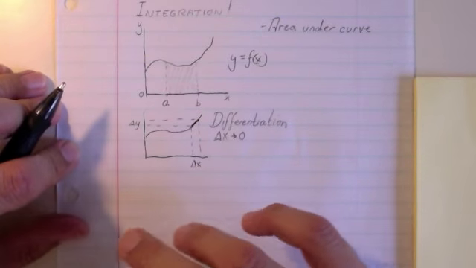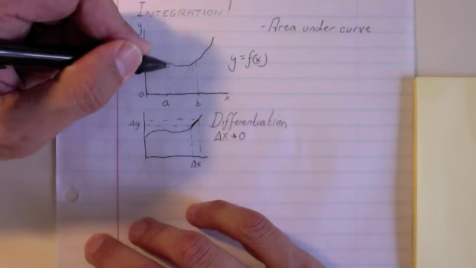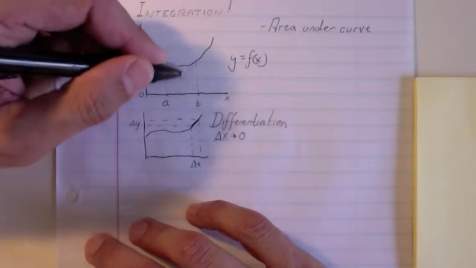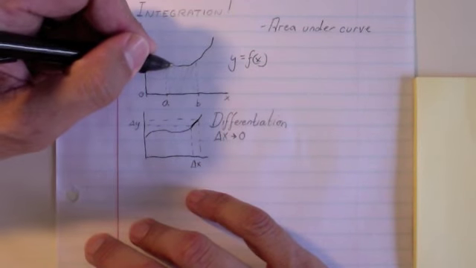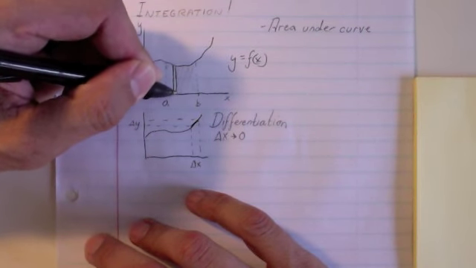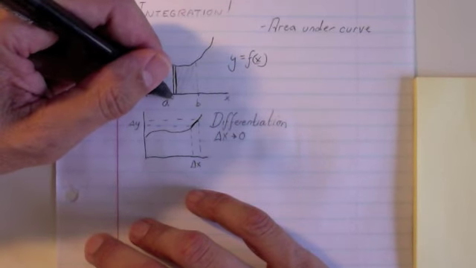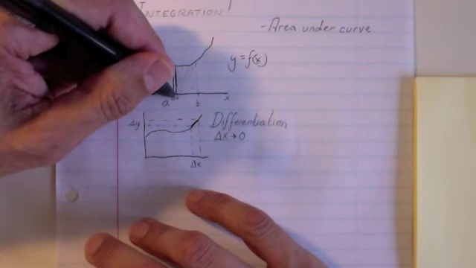And again, I'm not going to go through all the mathematical parts of it, but it's based on this. If we could divide this into a whole bunch of little slices, and let me draw one little slice right here. Okay, and if I can find that, I'm going to call that my delta x.